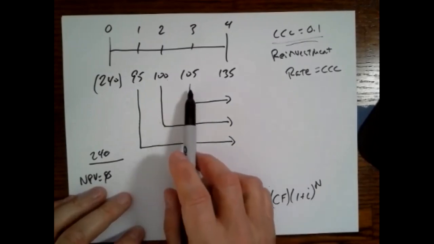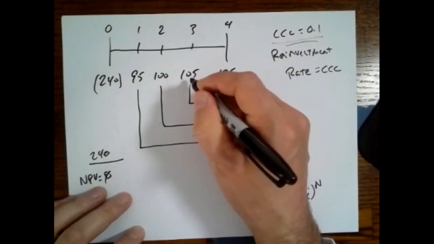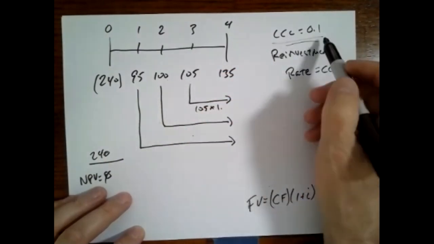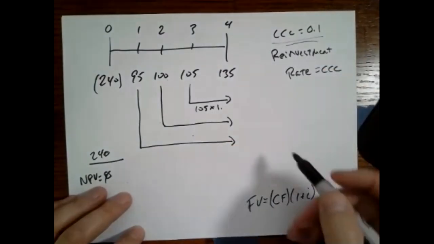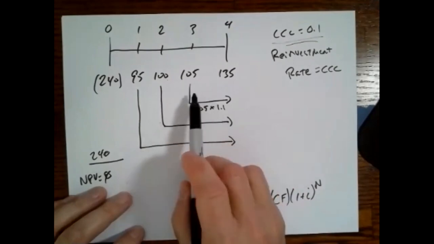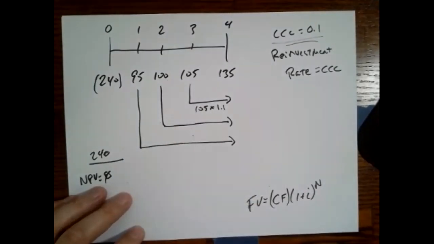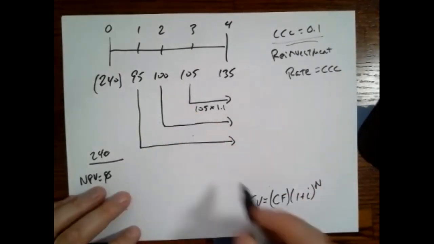So if I'm going to bring 105 forward 1 year, it's going to be 105 times 1 plus the reinvestment rate of 0.1, or 1.1. And then I'm bringing it forward 1 year, so that's 1.1 to the 1, which is just 1.1. If I'm going to bring 100 forward, what do I do?